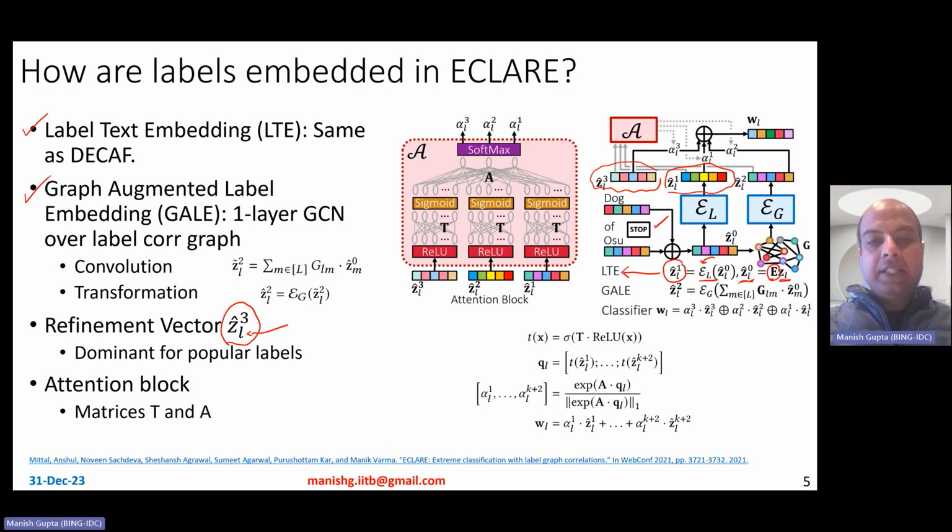Notice that you have already obtained your label representation for every node. This is the same ZL hat naught. We're calling it ZM hat naught because M is just another label.